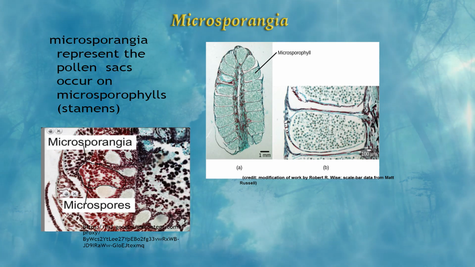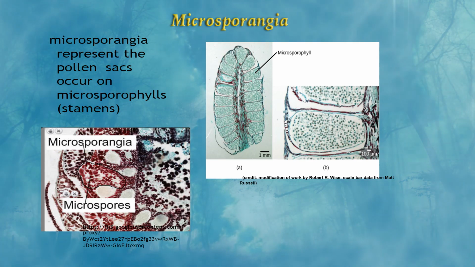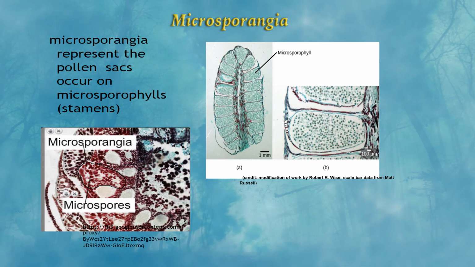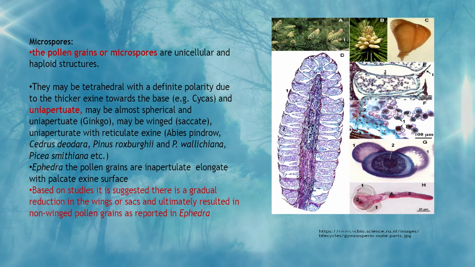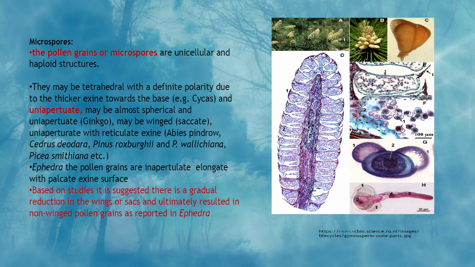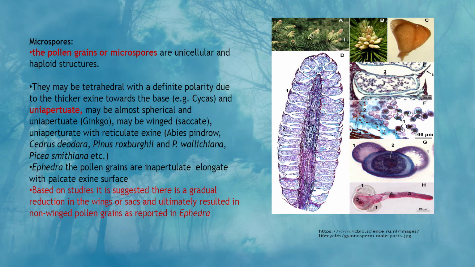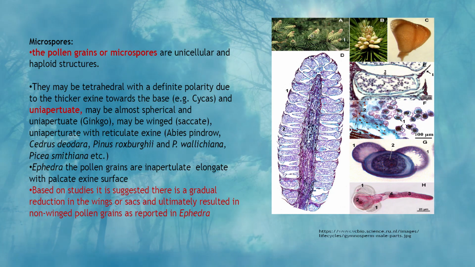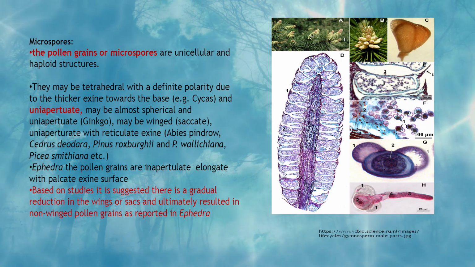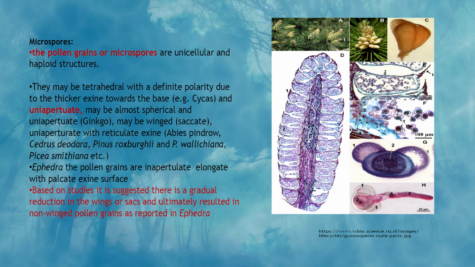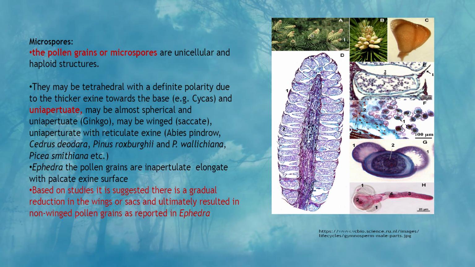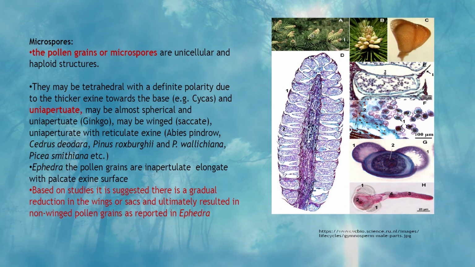In the microsporangia, microspores are formed, and they form the male gametes. They may be very small, but the microspores are unicellular and haploid, and they are tetrahedral. They have a thick exine toward the base in Cycas. They are uniaperturate, and most of them are spherical and uniaperturate.